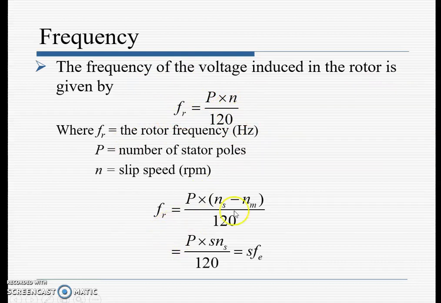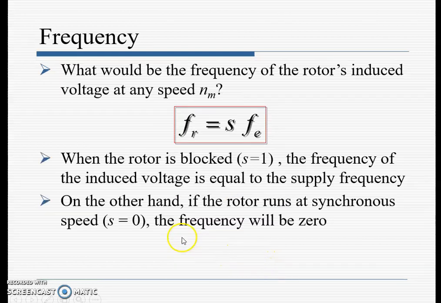Here, putting for N the slip speed, Ns, the synchronous speed, minus Nm, the motor speed, divided by 120, this gives you the frequency for the rotor. So this relation we have achieved for the frequency of the rotor.